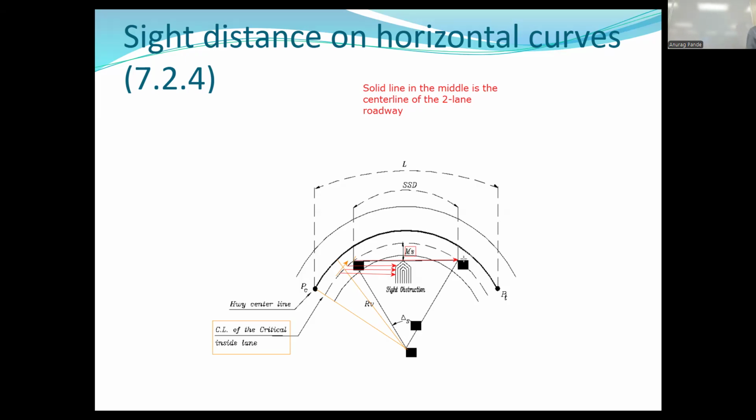So what happens now is that if you look at the critical subsection of this curve, I'm going to draw this out. The critical subsection of the curve is this one from here to the center. This line, I'm going to make them all red, so you can see the red triangle.